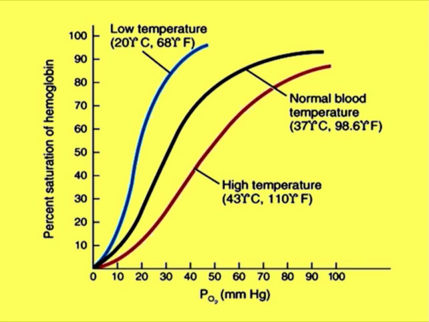If the temperature is lower, the saturation will be higher, and if the temperature is high, the saturation will be lower. So up the curve is lower temperature and down the curve is higher temperature.